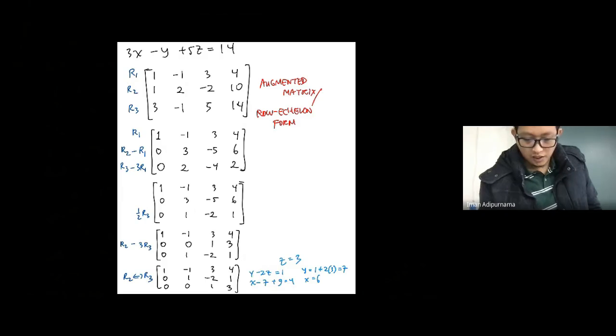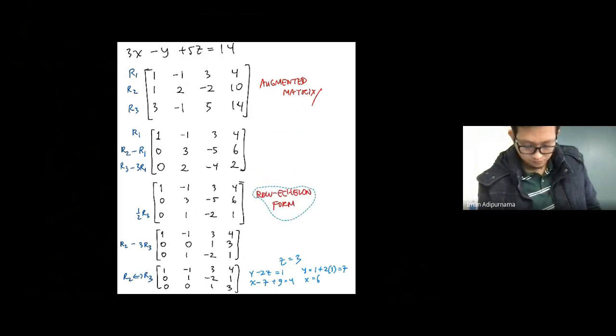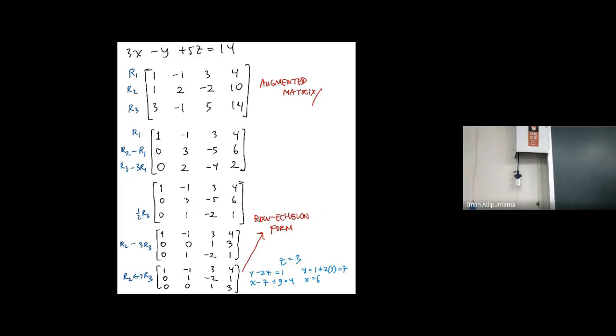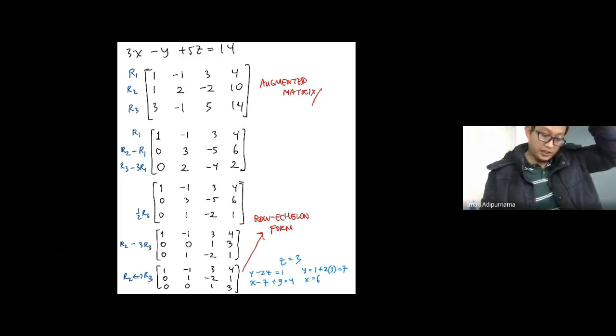Oh wait, I believe row echelon should be this one. So if you get 1, 1, 1, 0, 0, 0, this is called row echelon form. This is the form that you want to get as a result.